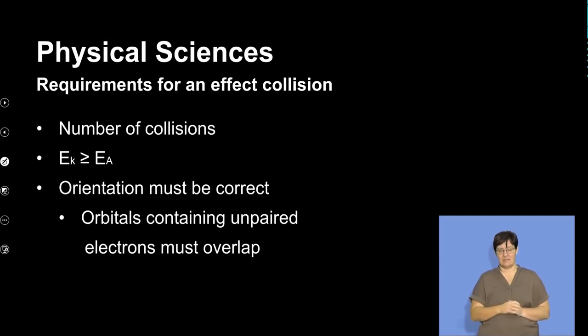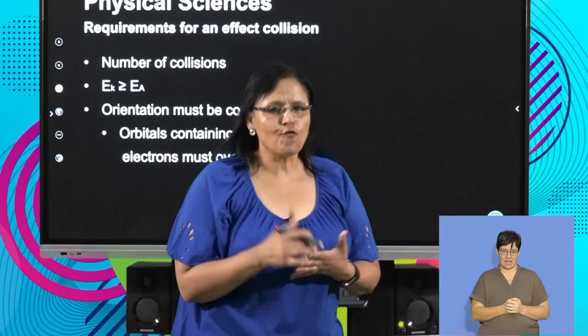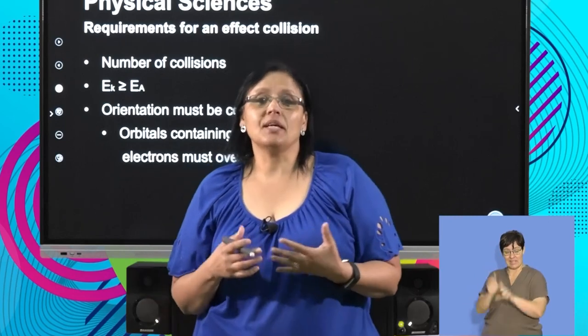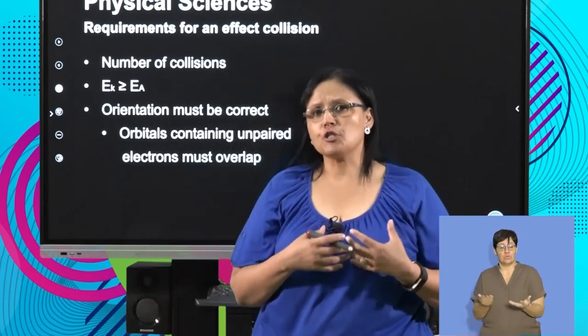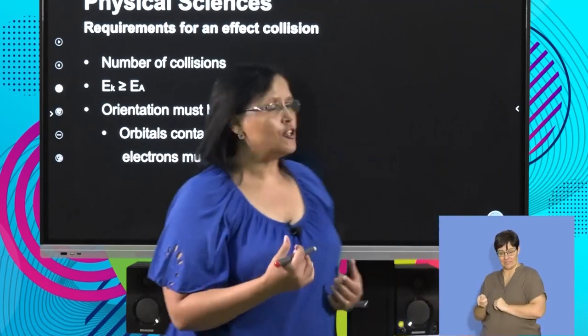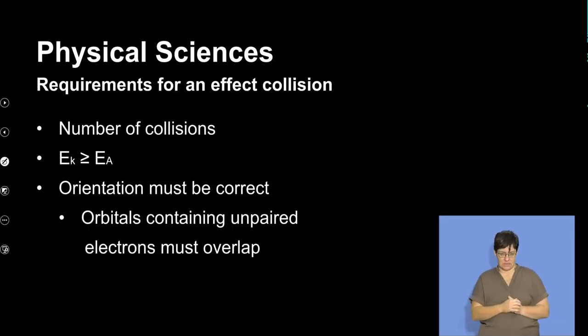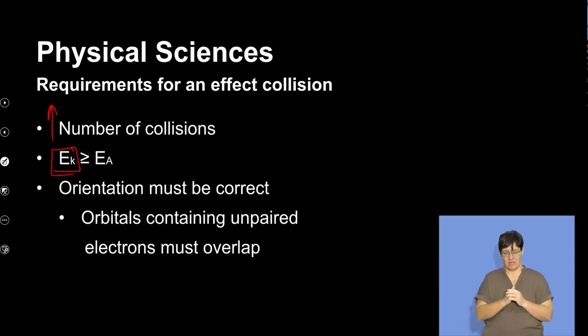So for the last, I just want to say, for a reaction to be successful, for a reaction to produce product at the end, we need to look at the requirements. There must be a high number of collisions that take place. And those collisions, those particles, must have a kinetic energy that is bigger or equal to the activation energy.